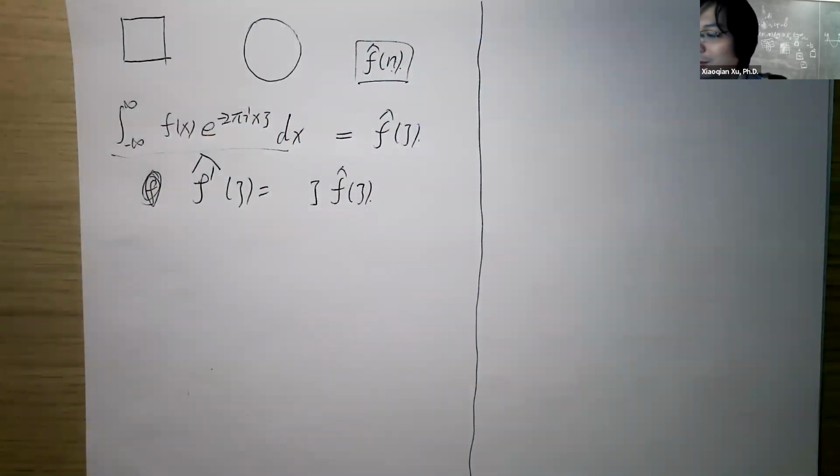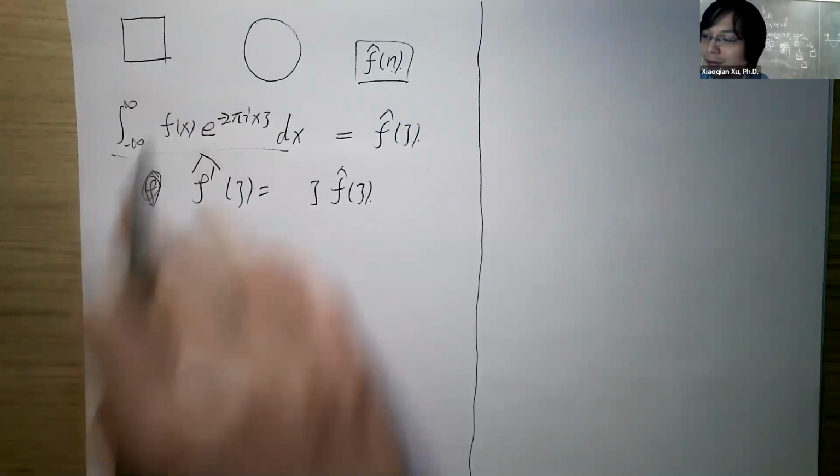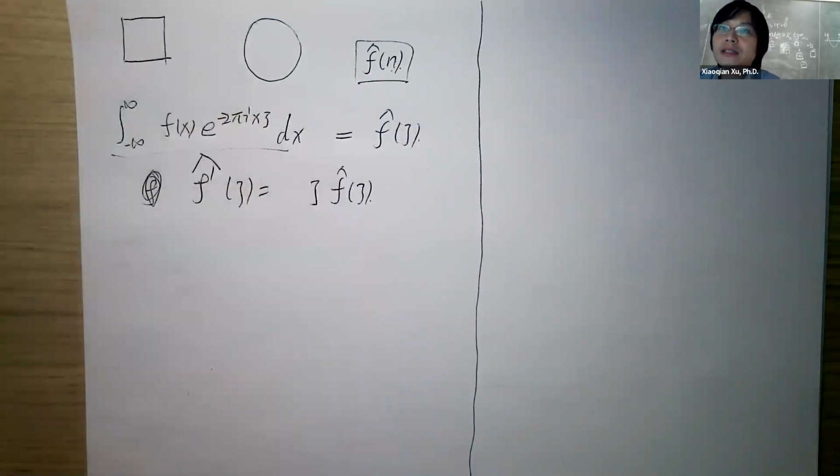So in this sense, I need to write down what the definition of improper integrals is, and then tell you for what kind of function you are able to do this Fourier transform, so that you can use, for instance, very good functions to deal with some PDE problems.